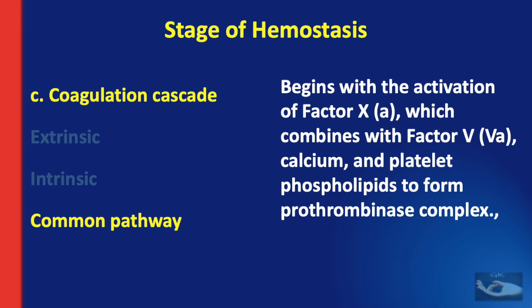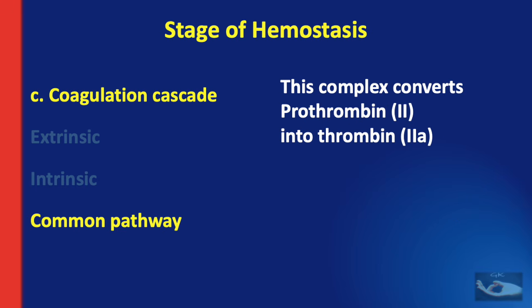This pathway begins with the activation of factor 10A, which combines with factor 5 to become activated factor 5, that is 5A, and this, along with calcium and platelet phospholipids, forms what is known as the prothrombinase complex.